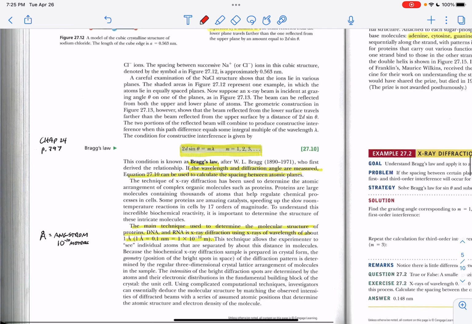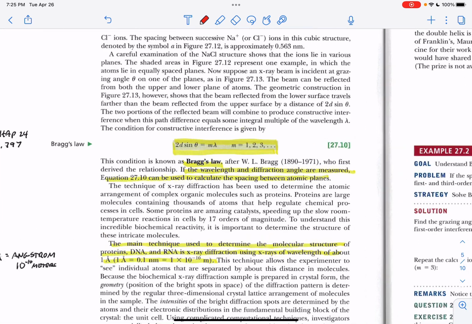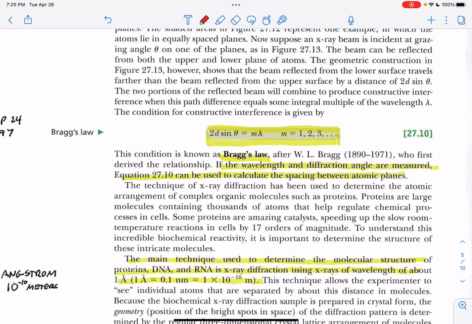Now, the equation that you used when you were trying to find the wavelength of laser light looks something like this: d sine theta over m. And you can see it's very similar to this equation right here.